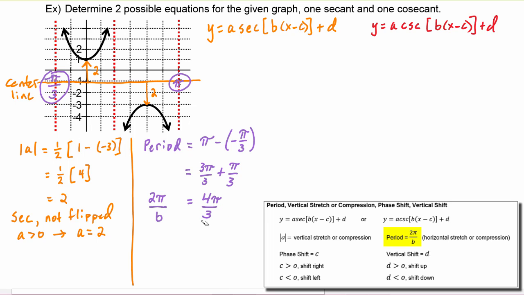This 3 is going to come up to the left-hand side, so this will become 6 pi. This b will cross multiply up while the 4 pi will cross multiply down. And we see that we get that b is equal to 3/2.